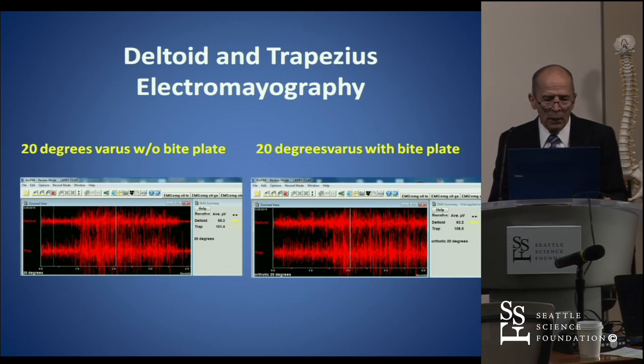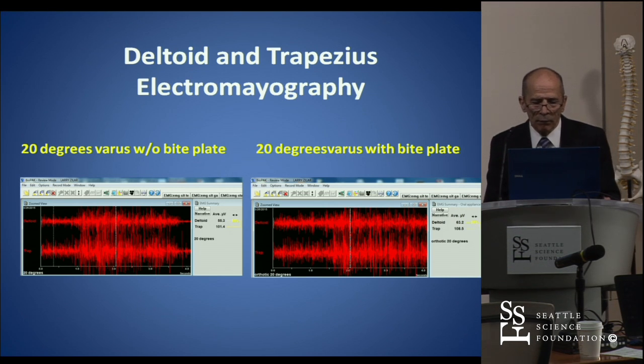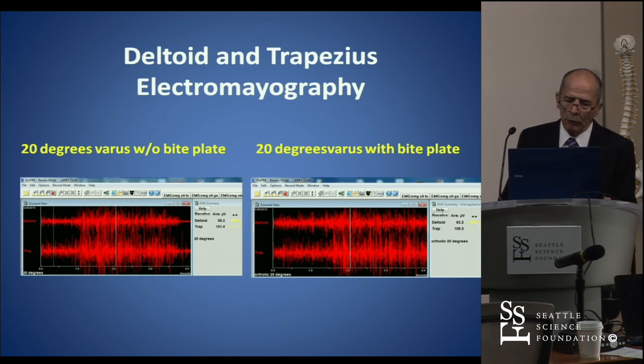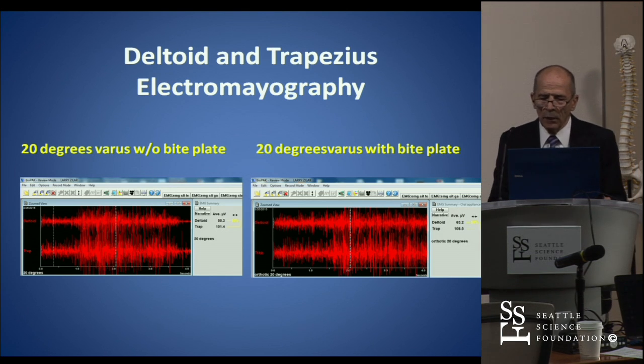We added the bite plate to this, and it jumped from 55 microvolts in supination to 63 microvolts. And with the trapezius, it went from 101 to 108 microvolts with the bite plate.